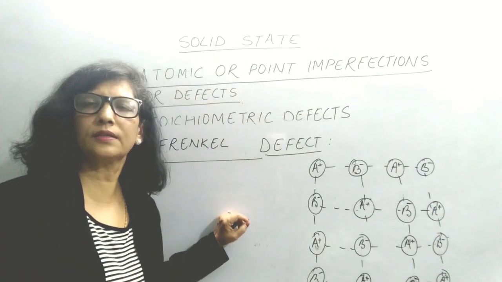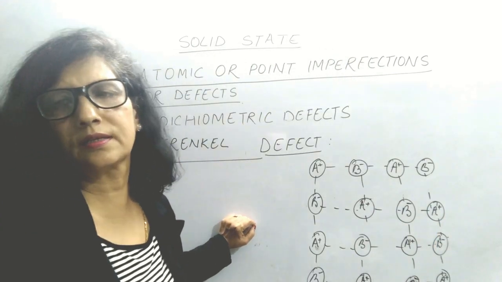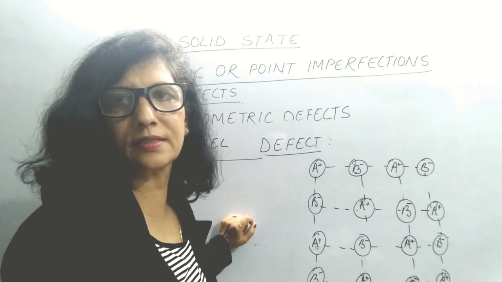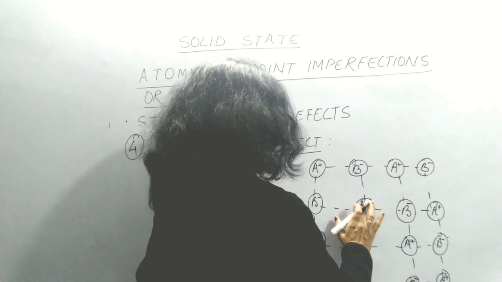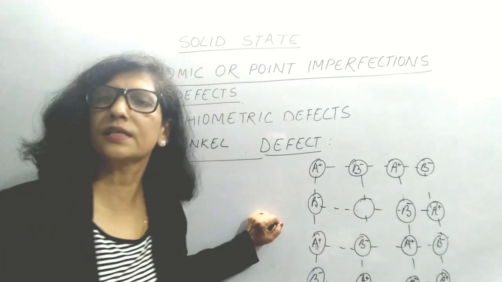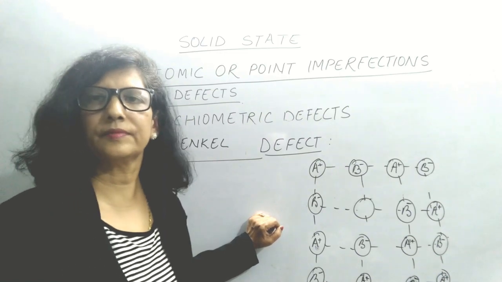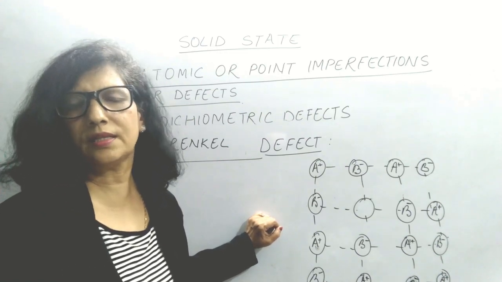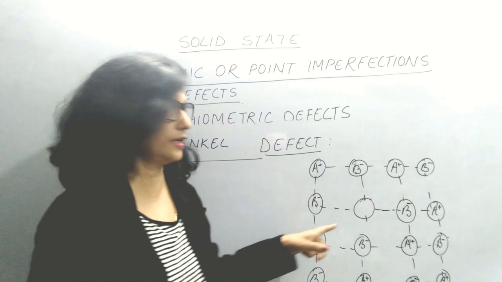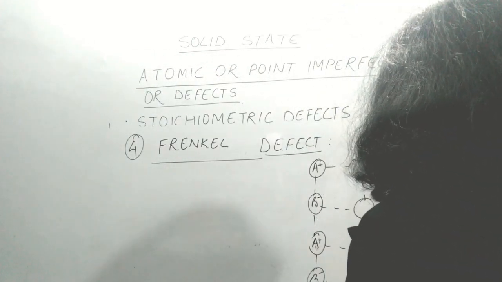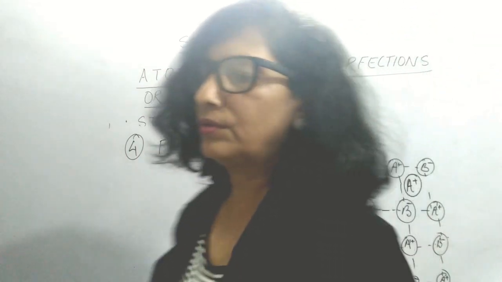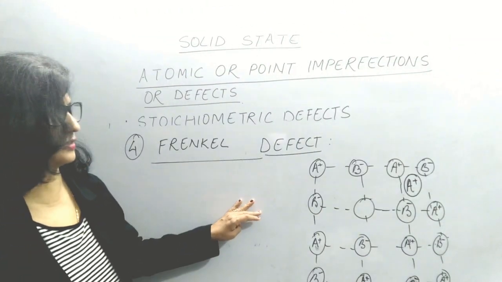So what happens in the Frenkel defect? Certain ions leave the lattice sites and occupy the interstitial sites. Since cation is smaller than the anion, they generally move to the interstitial sites. So here we are having vacant lattice sites, and certain ions moving to the interstitial sites. So this is your Frenkel defects.